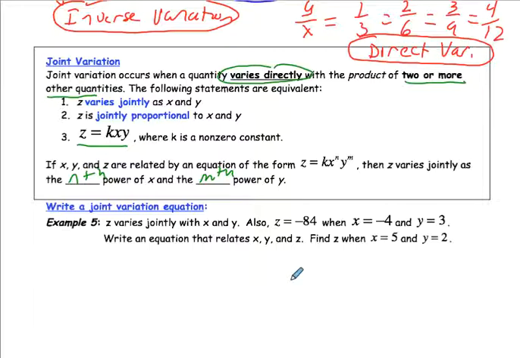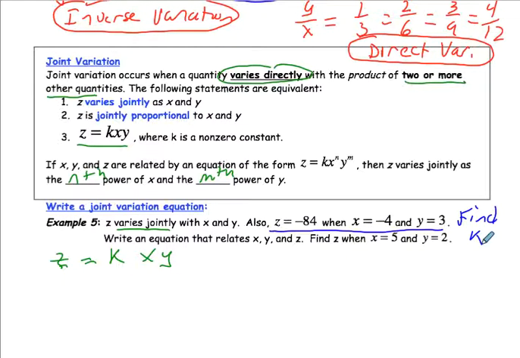Let's try an example. So we're going to write the model and then use the model. So we're given that z varies jointly with x and y. So my model, my template is z is equal to k times x times y. And now we're given some information that we're going to use to find the constant. So this is the information we use to find that constant of proportionality.